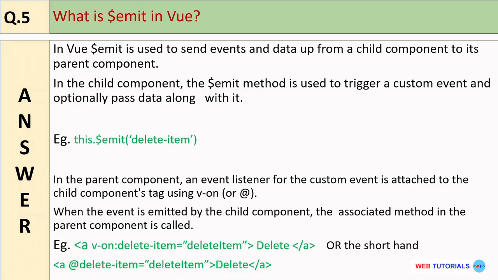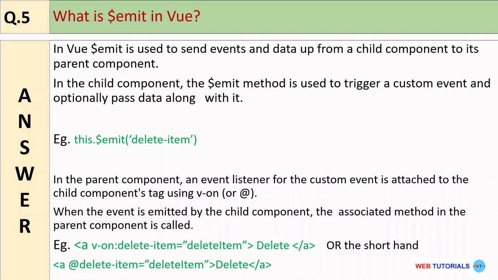What is $emit in Vue? In Vue, $emit is used to send events and data up from a child component to its parent component. In the child component, the $emit method is used to trigger a custom event and optionally pass data along with it.